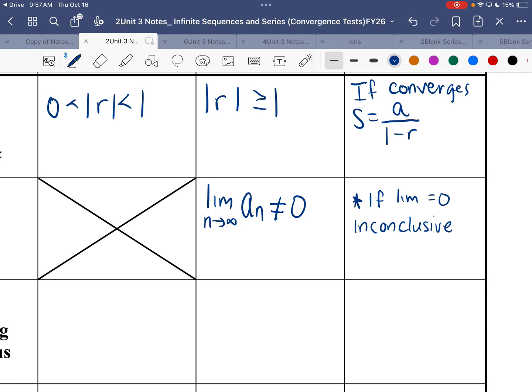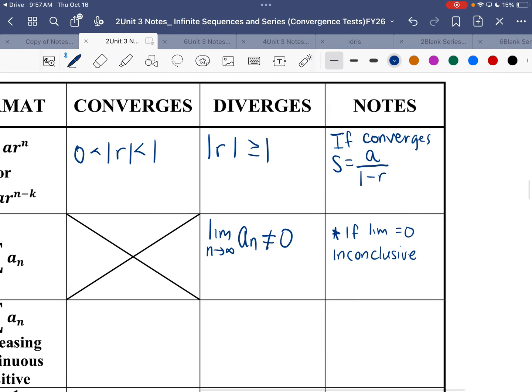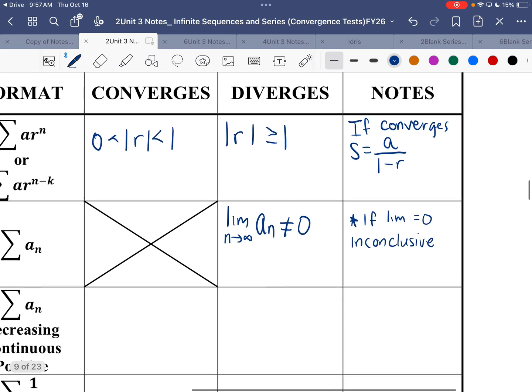Things to know and be careful of: this does not prove that it's converging. That's why I have a big X over convergence. This has nothing to do with convergence. That's why it doesn't have the word convergence in it. It's only testing for divergence.